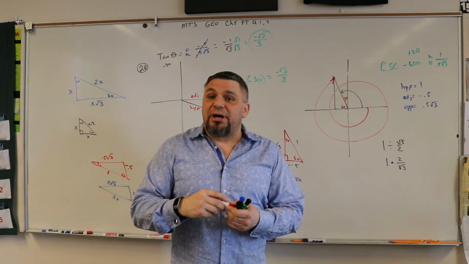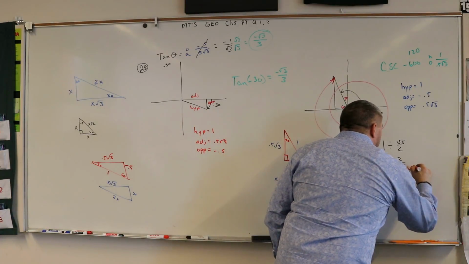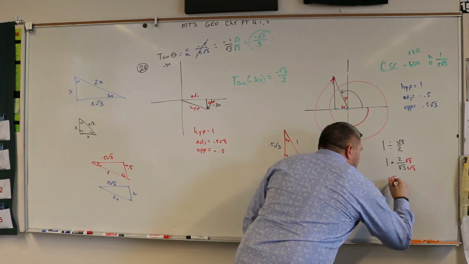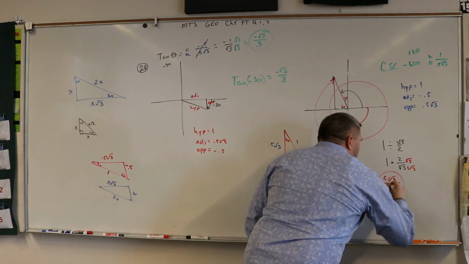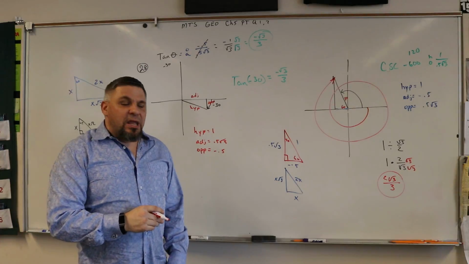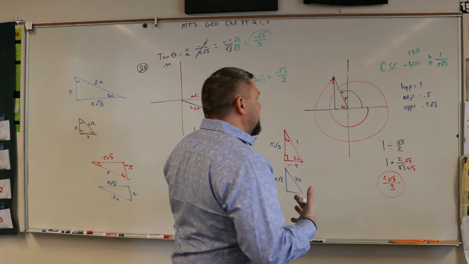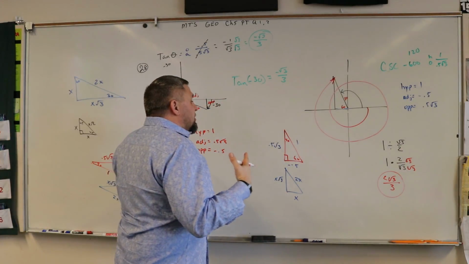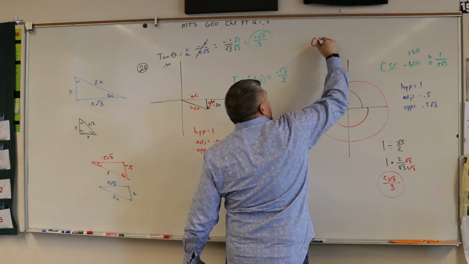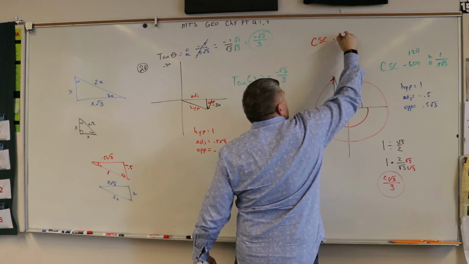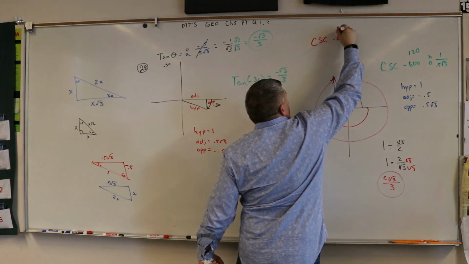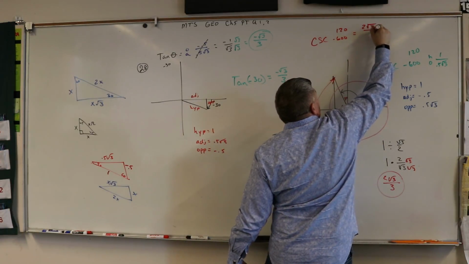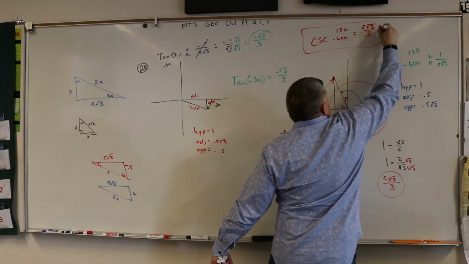And by now, you guys should be able to go, oh, square root of 3, square root of 3, which means it's 2 square roots of 3 over 3. Right? Now, was one of those negative? No, because this one was negative, right? So that's a positive. So the cosecant of negative 600 or 120, either one, is equal to 2 square roots of 3 over 3.